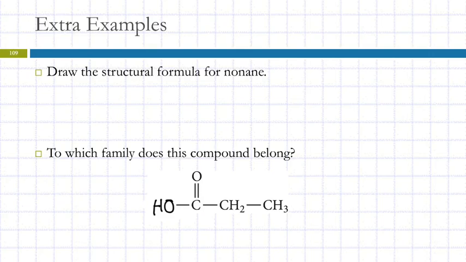Well, what does the prefix non mean? 9. We need 9 carbons. 1, 2, 3, 4, 5. This is the kind of math you get in OChem. 1, 2, 3, 4, 5, 6, 7. A lot of counting. 8, 9. 9 carbons.